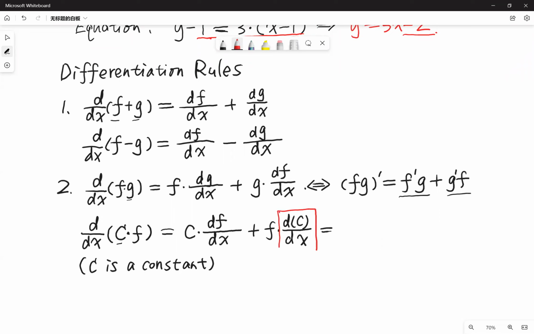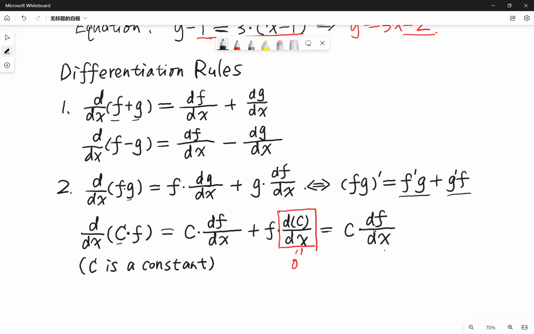And you should know this one. This dc by dx value is zero. Then this factor is 0, so it's equal to c times df by dx here. So when there is one function with a constant, it's just one factor here.